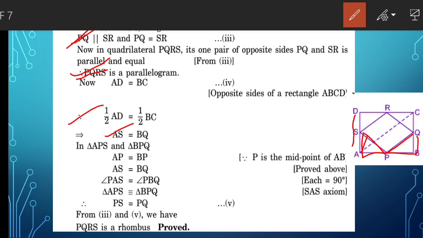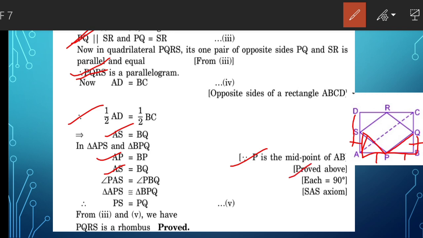In these two triangles, we have AS equal to BQ from the previous line, and AP equal to BP, since P is the midpoint.